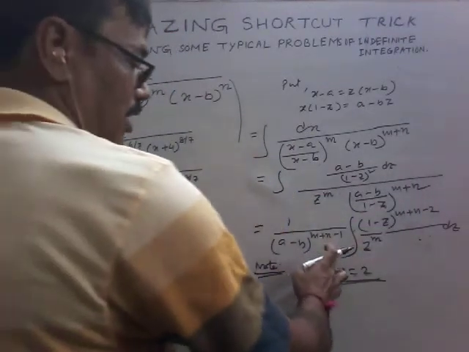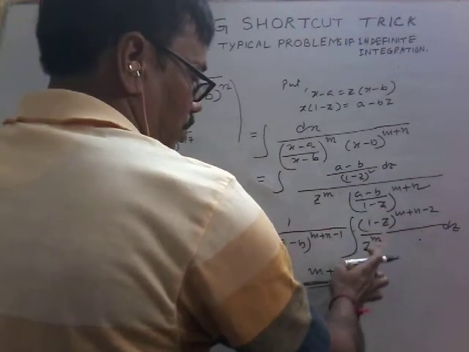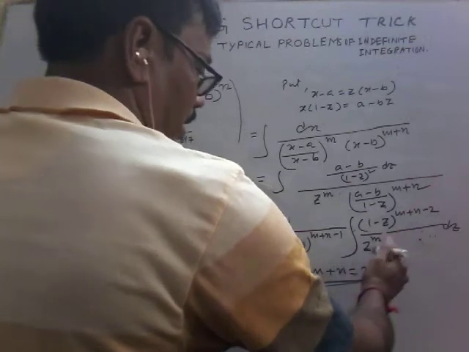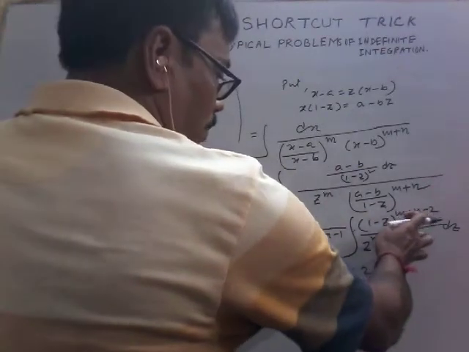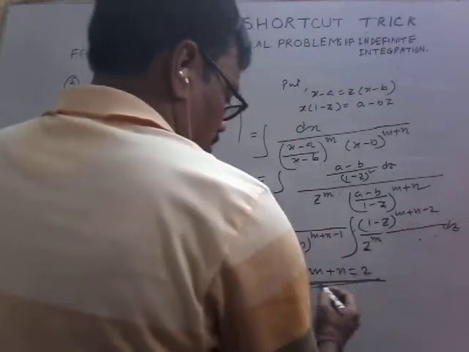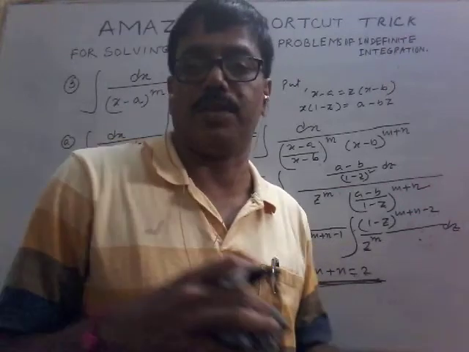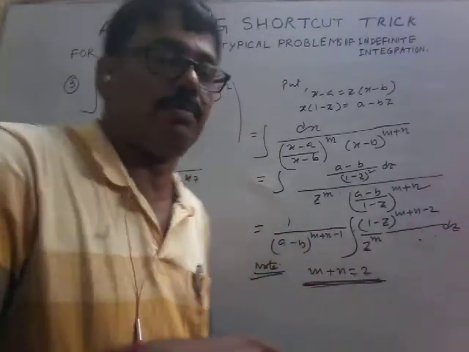So what is the integration? 1 by z to the power m. So put the value of m, and this part is cancelled out. So it will be very simple. No need of expansion.